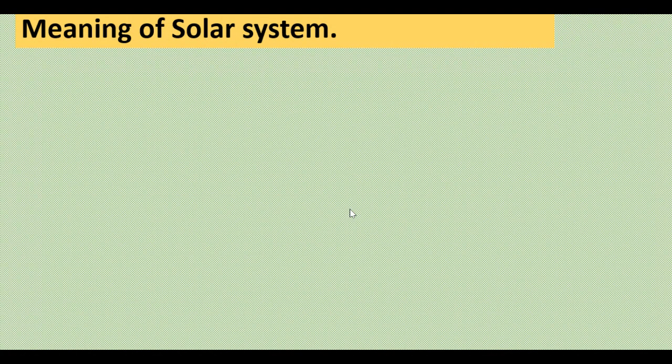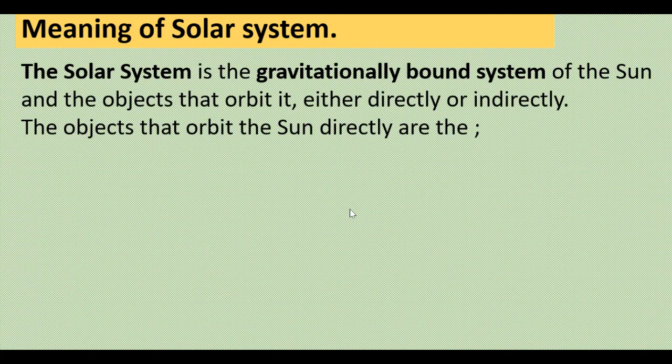What is the solar system? This can be said to be the gravitationally bound system of the sun and the objects that orbit the sun, either directly or indirectly.